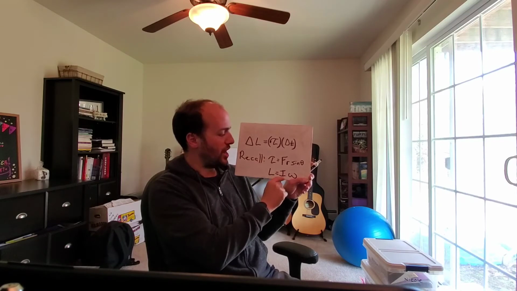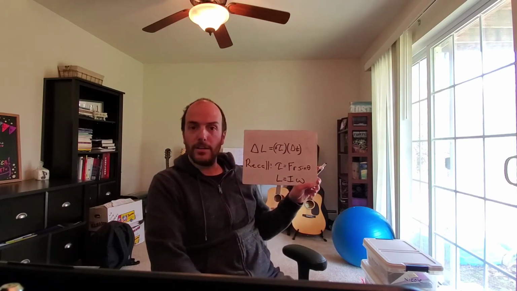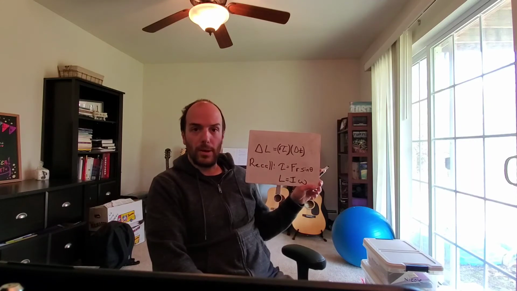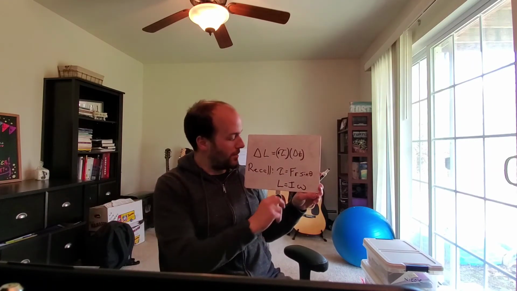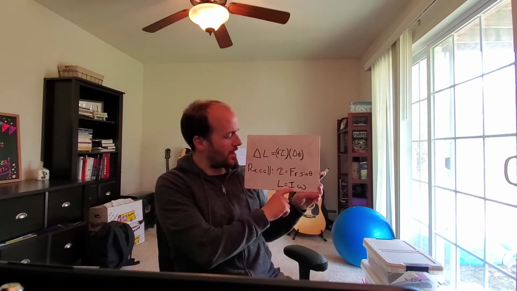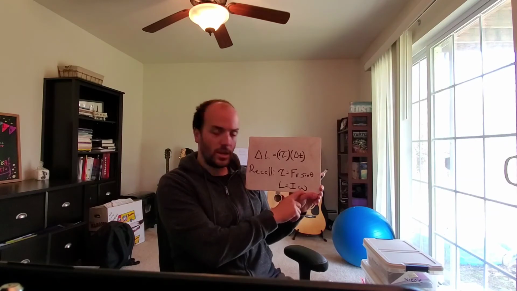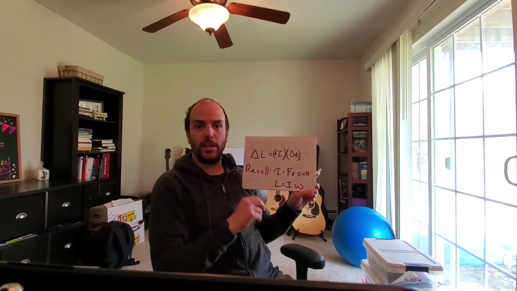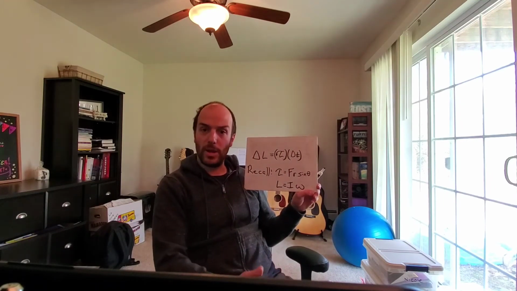If I change the rotational inertia, I'll be changing my angular velocity, which can change my angular momentum. Now, it is important to recognize that by saying I'm changing my angular or rotational inertia to change my angular velocity, it's got to be due to an outside force. Otherwise, you're violating the conservation of angular momentum.